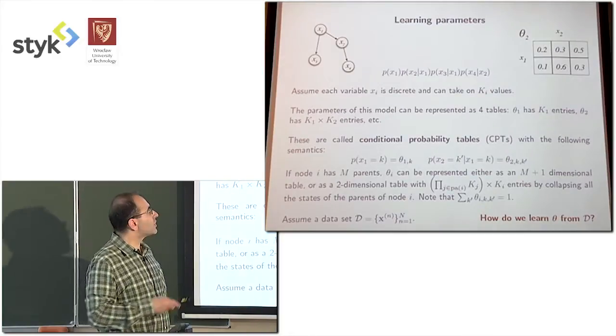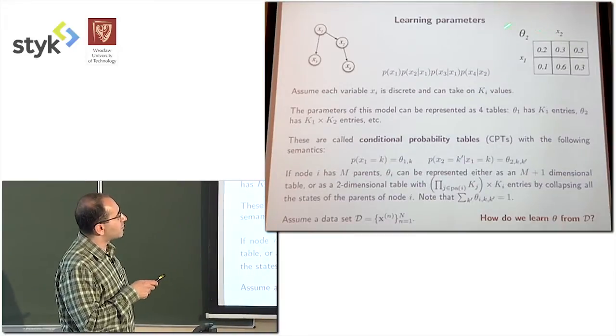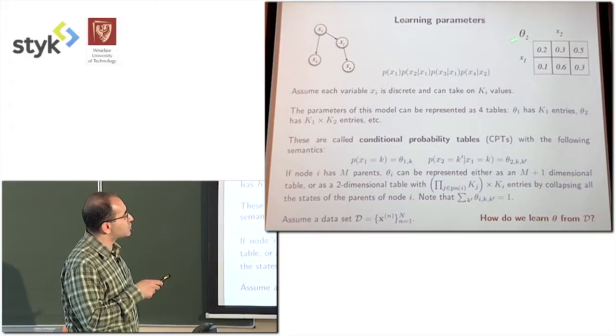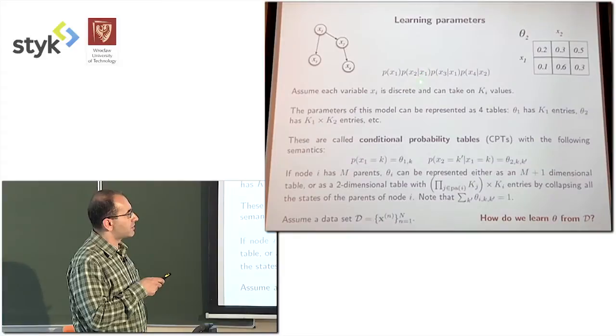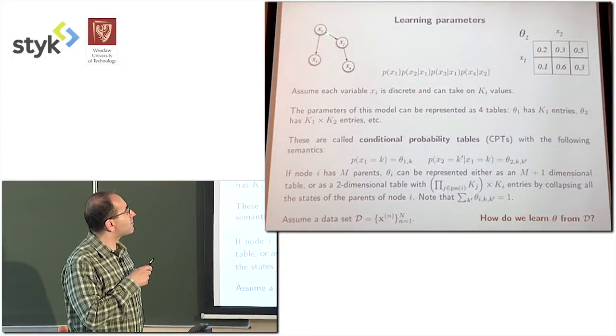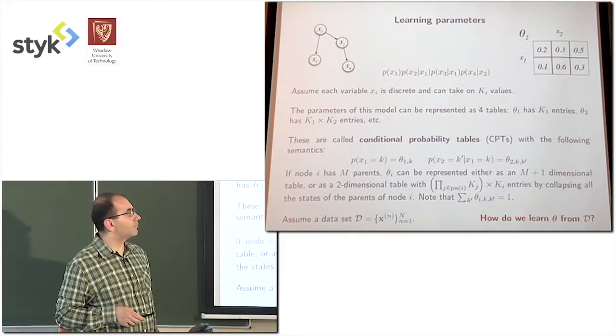Okay? So the parameters of this model, I'm going to call the parameters here theta 2. The parameters theta 2 control the distribution of the variable x2 given its parent x1 in this graph. So the parameters associated with all the edges going into every variable.